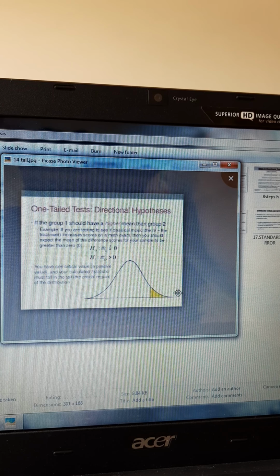Next. What is this? It is a one-tailed test. Why? Because it is unidirectional, only one directional. There are many examples, like the consumption of medicine decreases the fever. The consumption of certain nutrients in food increases the body weight.